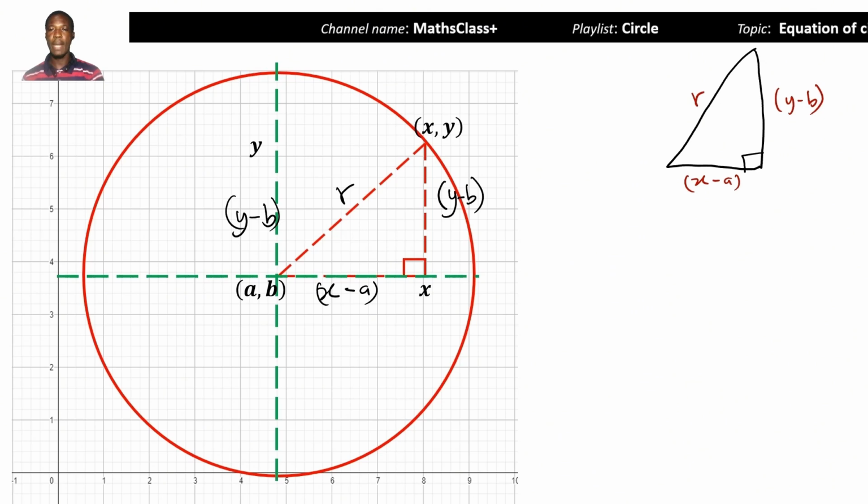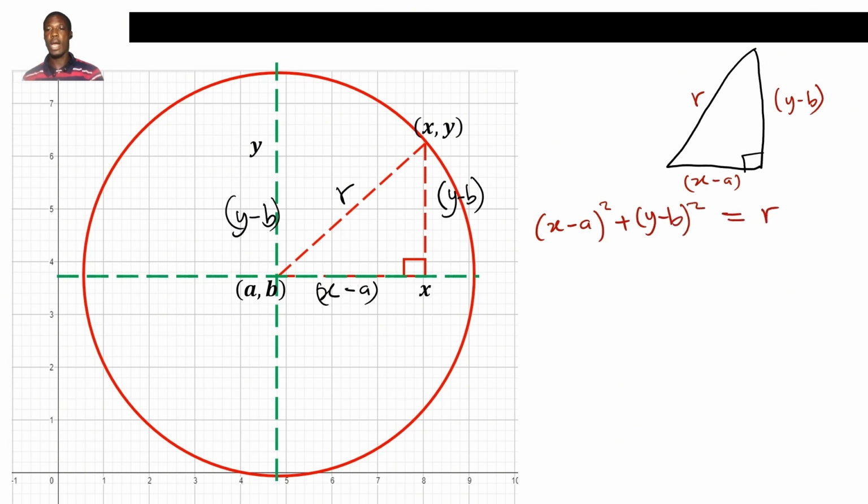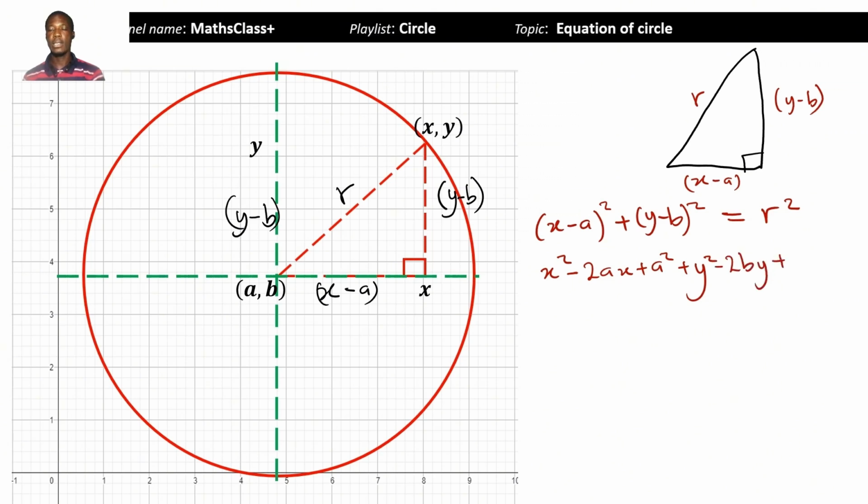So we are going to apply the Pythagoras theorem to this right angle triangle, and that will be (x minus a) squared plus (y minus b) squared, and this will be equal to r squared. Now we will have to simplify. That will give us x squared minus 2ax plus a squared plus y squared minus 2by plus b squared is equal to r squared.